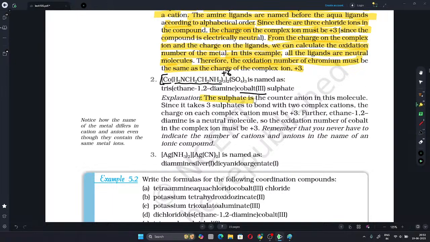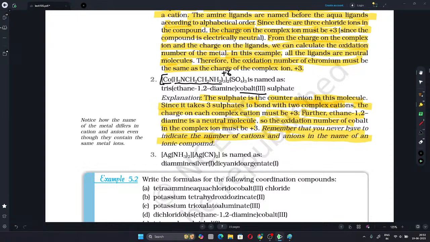The sulfate is the counter anion in this molecule. Since it takes 3 sulfates to bond with 2 complex ions, the charge on each complex cation must be +3. Further, ethane-1,2-diamine is a neutral molecule, so the oxidation number of cobalt in the complex must be +3. Remember that you never have to indicate the number of cations and anions in the name of an ionic compound.